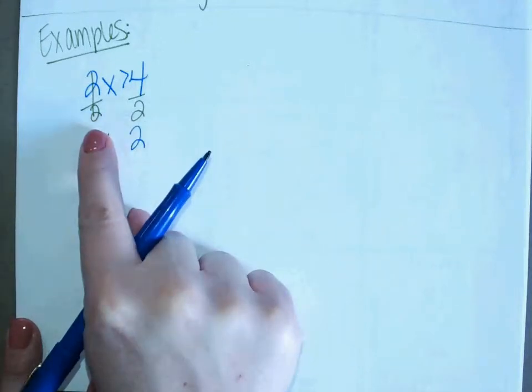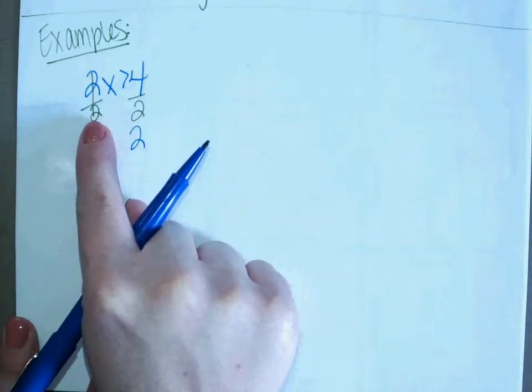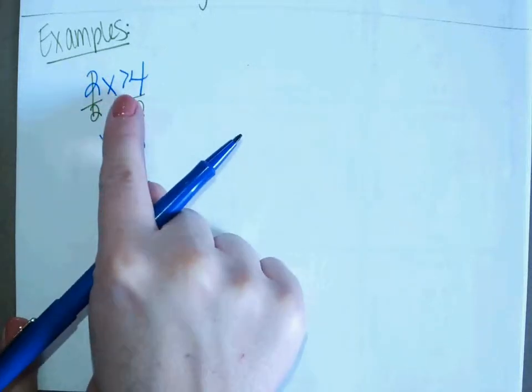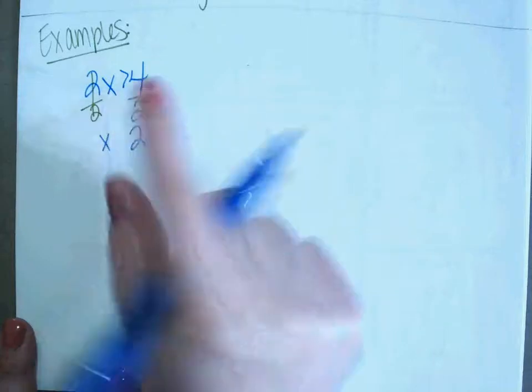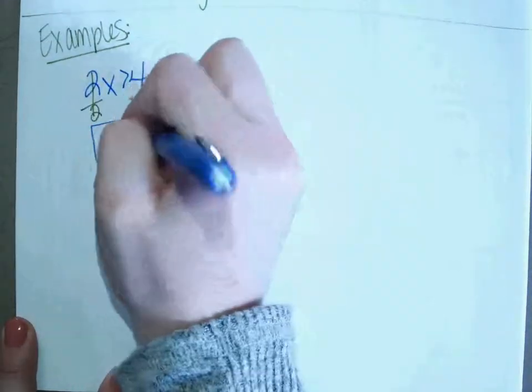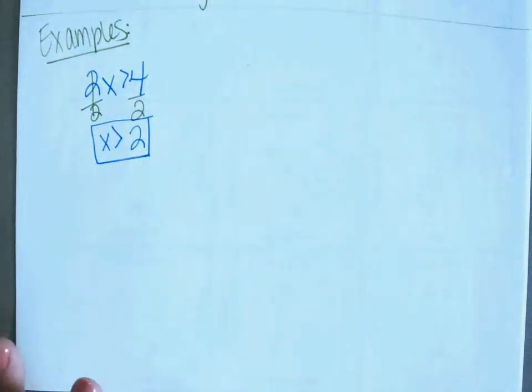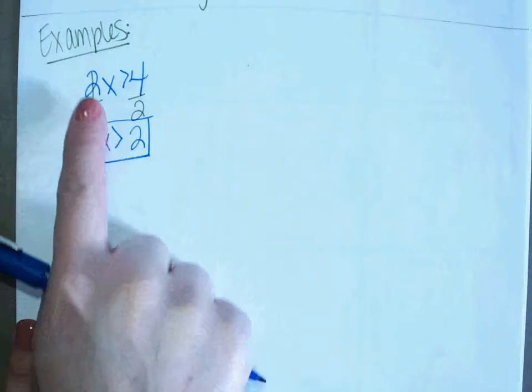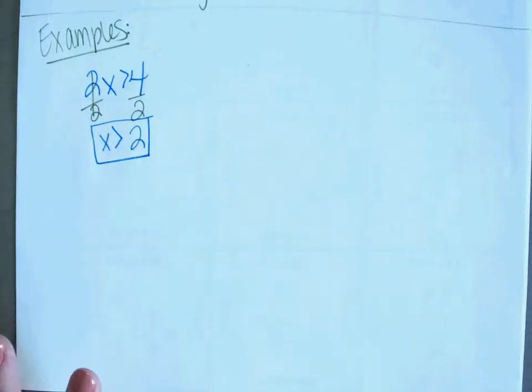No. I don't see any negatives here, do you? So do you do anything with the inequality sign? No, just drop it down. Did you multiply or divide by a negative here? No. You divided by a positive 2. Don't change the sign. Okay?